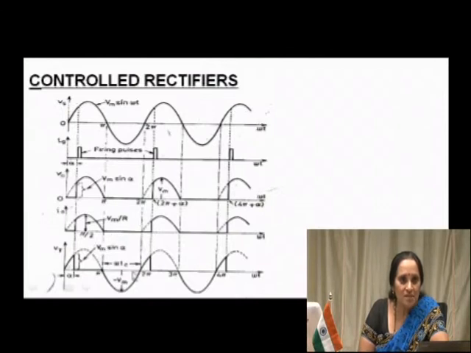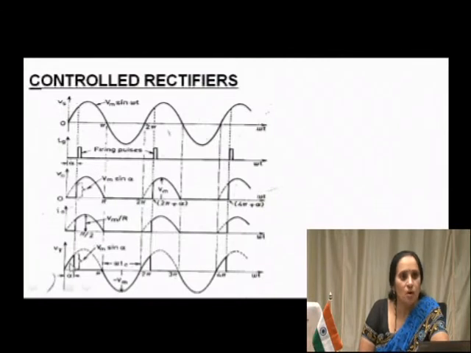Now please note here the voltage across the thyristor, the entire negative half voltage will appear across the thyristor because the thyristor is off. So students, I hope you understood, as long as the thyristor remains off, all the voltage will be across it.